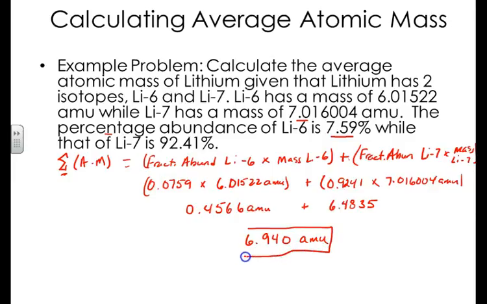And that would be the final answer. Rounding has us off a little bit in this decimal place, but that's okay. You can see that 6.941 and 6.940 are essentially the same.